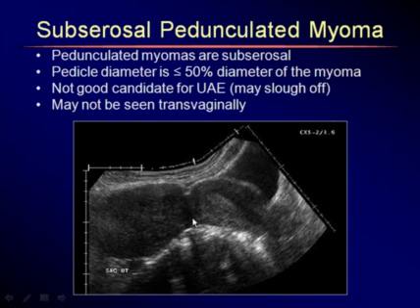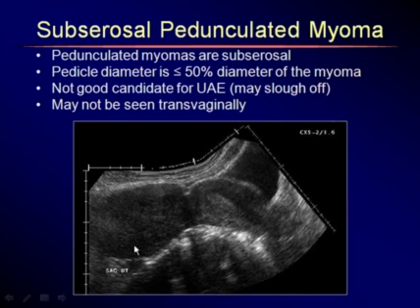That's difficult to define, and many gynecologists don't exactly know when to call it a pedunculated myoma, but I have seen in the literature description that when the diameter of the pedicle is less than 50% of the diameter of the myoma, then that's considered a stalk, a broad-based or thin stalk, whatever.